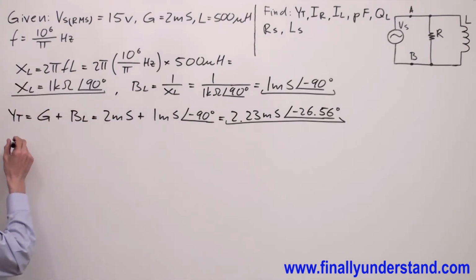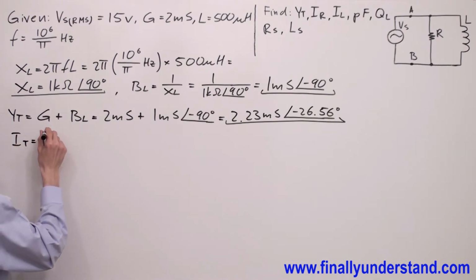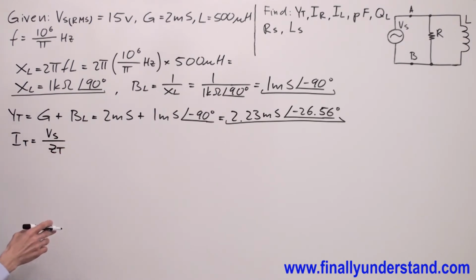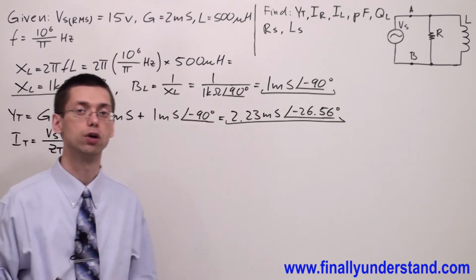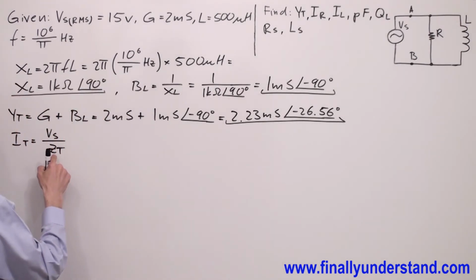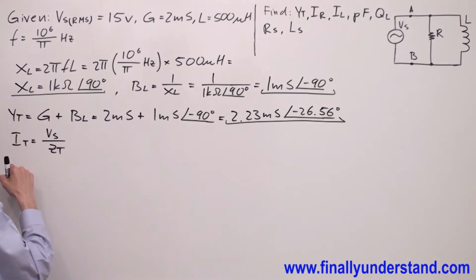So, I total is equal to voltage source over Z total. Over here, someone can say that we don't have Z total. Don't forget that Z total is nothing else, just the reciprocal of Y total.